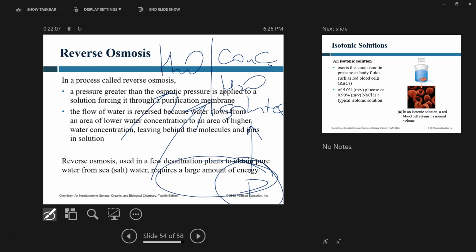But can we use it to desalinate seawater and produce fresh water? The answer is yes. Again, it is ridiculously expensive. And guess which countries use reverse osmosis to produce drinking water? The Persian Gulf countries. Countries that produce the vast amount, the most of the world's oil.